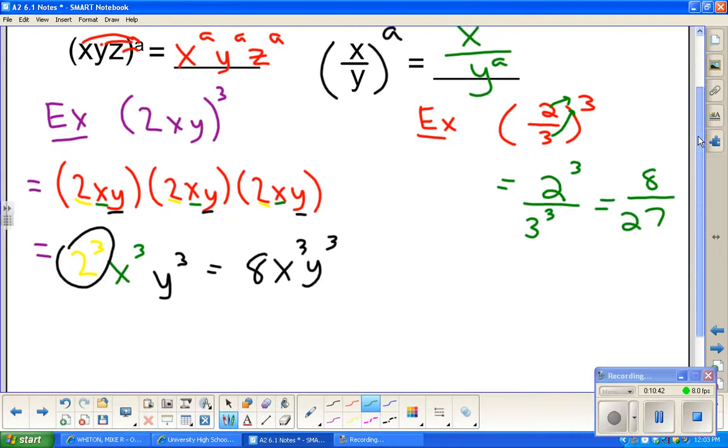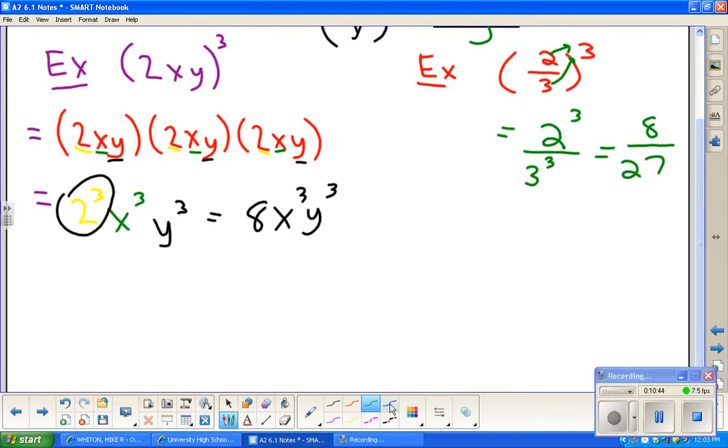Okay, so let's just do one special one. What if it's something similar to the one we did, but what if it's like this? Okay, right, so the 2's not getting cubed though, right?